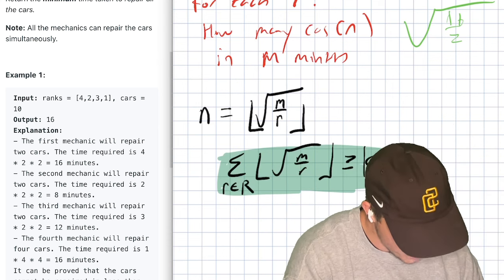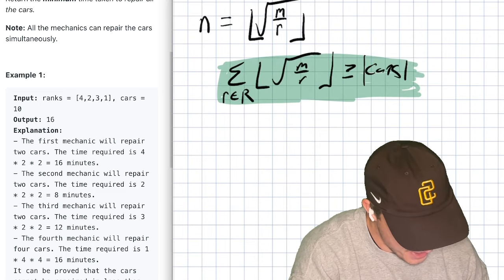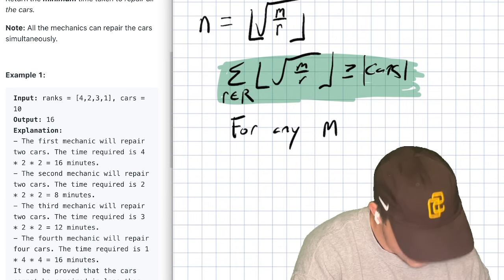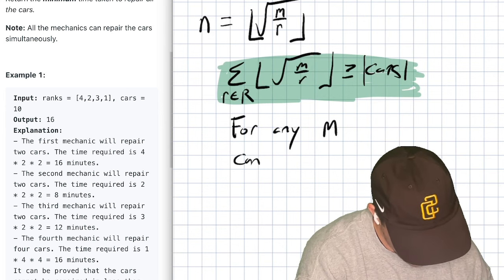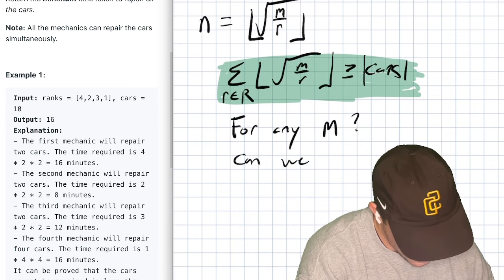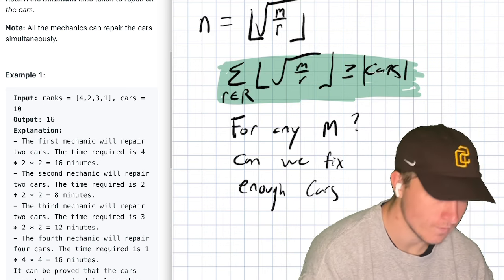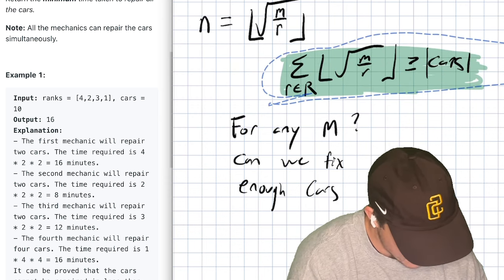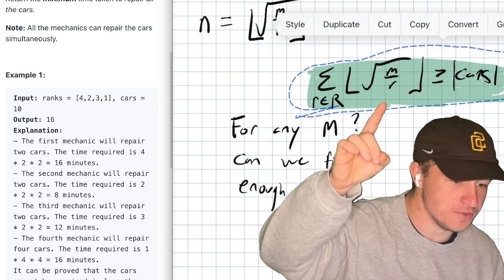So from this solution, we can basically determine for any M as an input, can we fix enough cars? Okay, so basically that's another formula based on this, right? Because our R value is known.